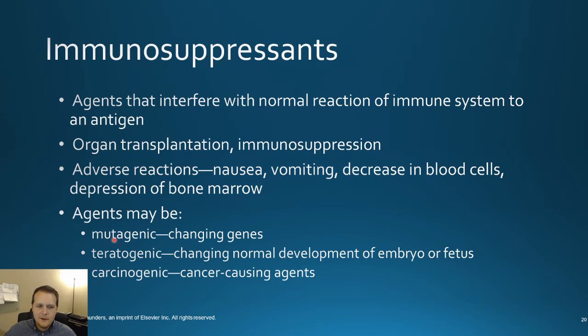Not only that, but the agents can also be what they call mutagenic, teratogenic, or carcinogenic. So there's some risk that they can cause mutations or cancer, or for pregnant patients, they can cause damaging effects to the fetus. So very frequently these immunosuppressant drugs will be contraindicated in patients who are pregnant.